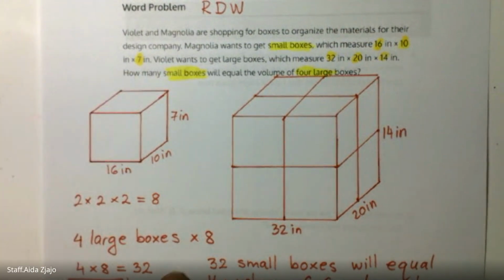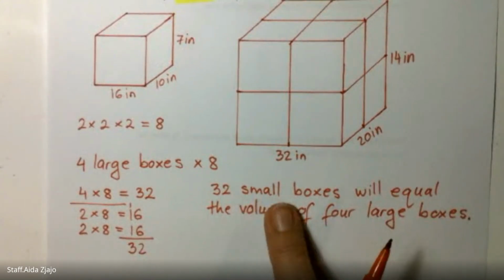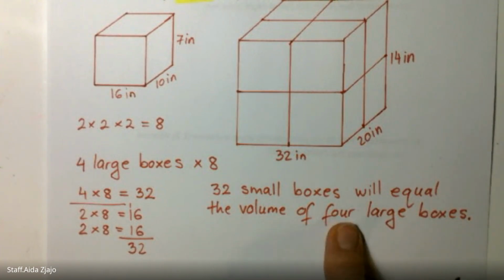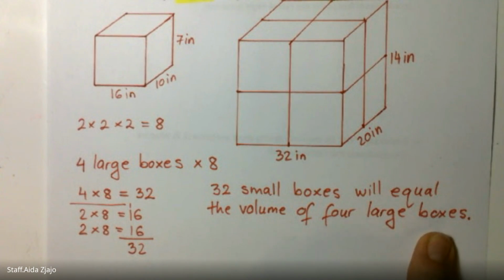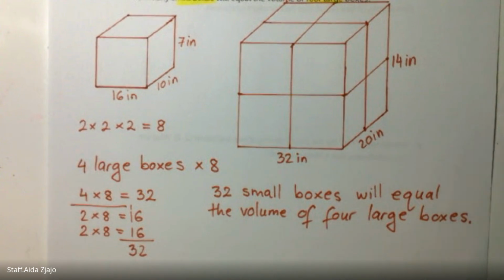Okay, 32 small boxes will equal the volume of 4 large boxes. And that will conclude this question.